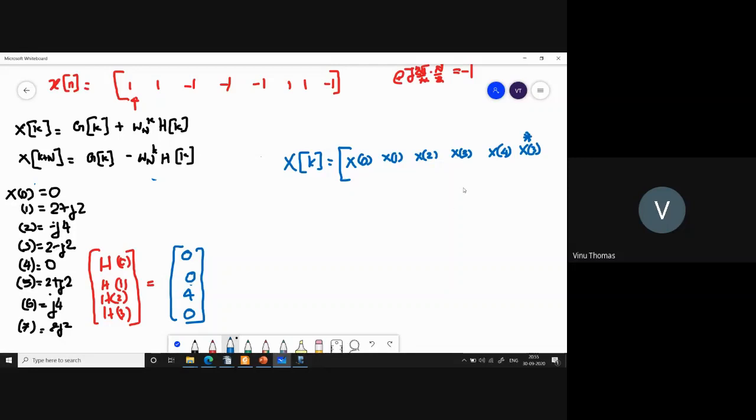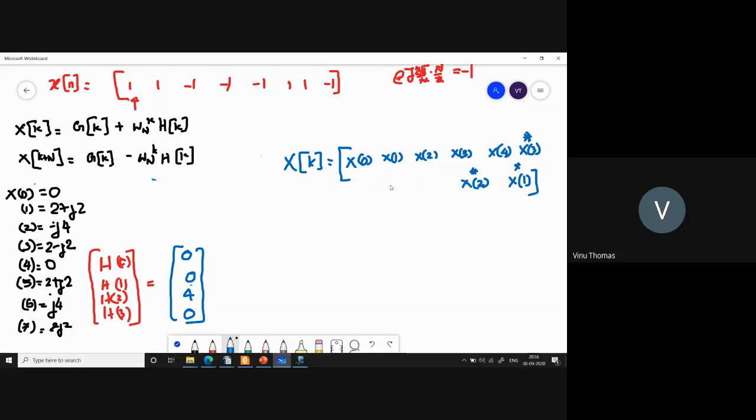Then X of 6 would be X of 2 star, and X of 7 would be X of 1 star. So that you can apply for the case when the input sequence is real. Only when the input sequence is real.